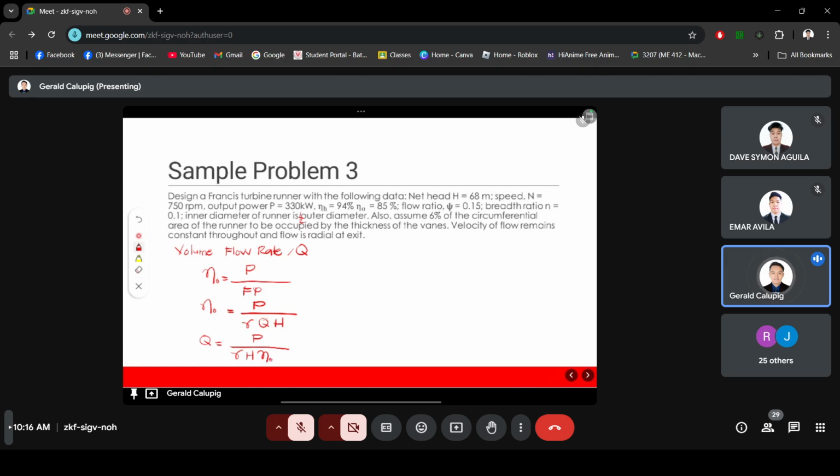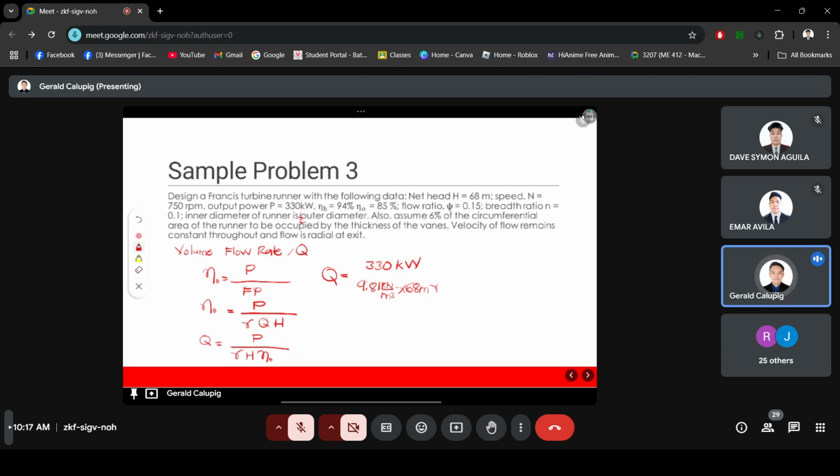So let's substitute the values. Q is equal to 330 kilowatts over 9.81 kilonewton per cubic meter times the value ng H natin is 68 meters times the overall efficiency.